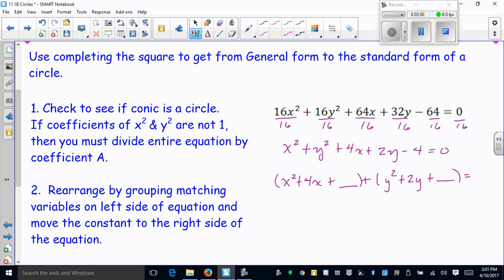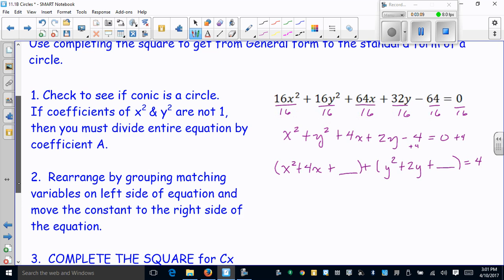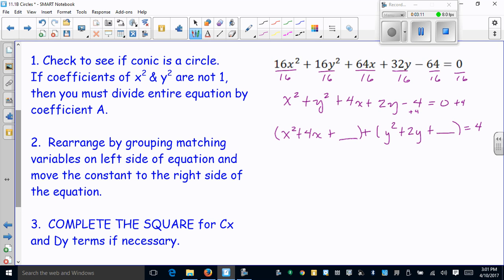Now, step 3 tells you to complete the square. Here's how you complete the square. You take the middle term, take half of it, and then square that value. Take half of this number, so 2 divided by 2, and then square that number.